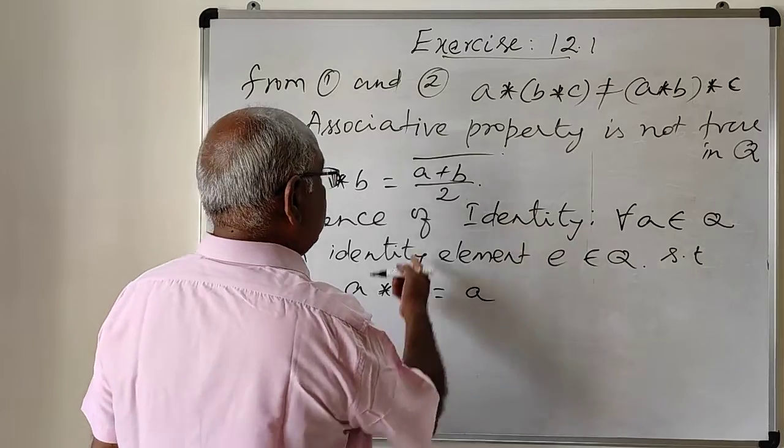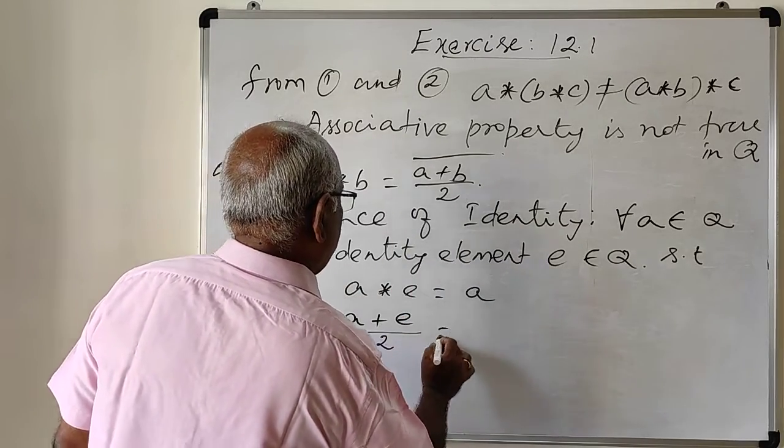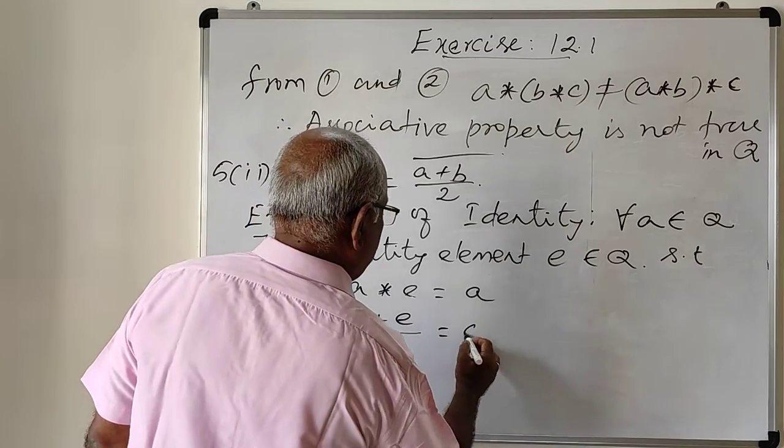But what is a star e by the rule? (a plus e) by 2 equal to a.